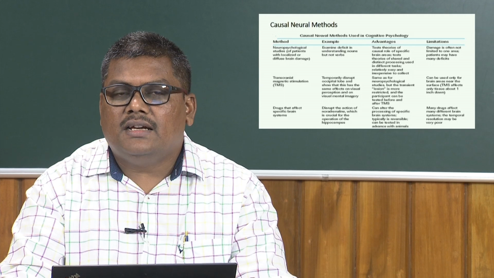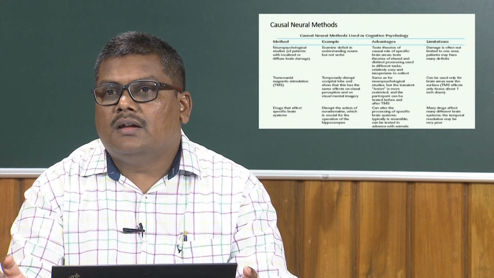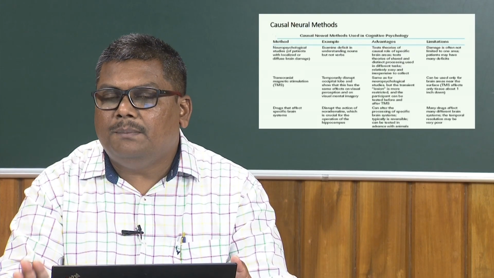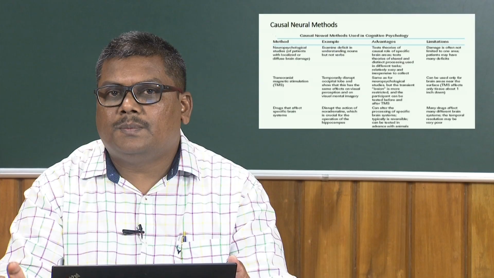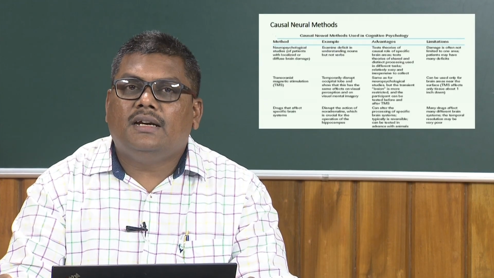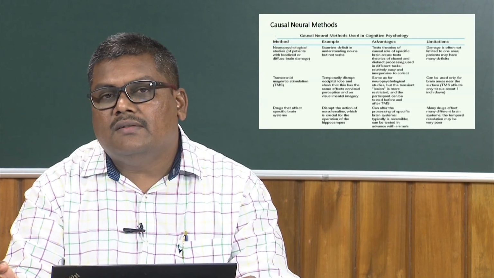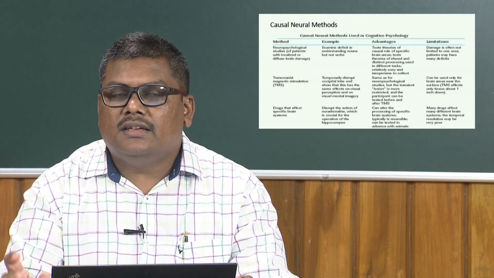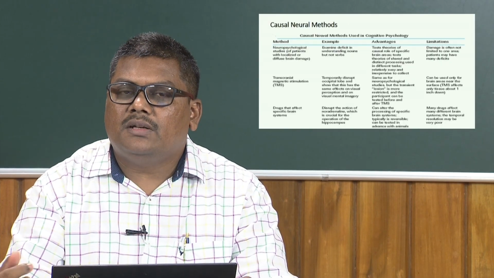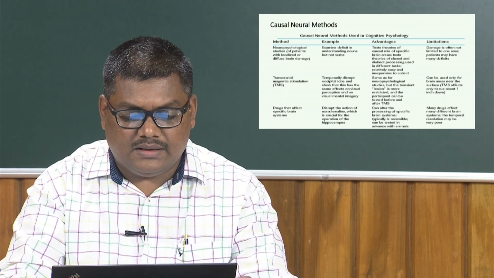What really happens here is that a huge coil is put on or near the surface of an area that you want to temporarily inhibit, and a large current is passed through this coil. The magnetic field generated by this coil temporarily inhibits a particular area, and through that we can find out what will happen if a particular area which is known to be associated with a particular cognitive activity is disrupted.